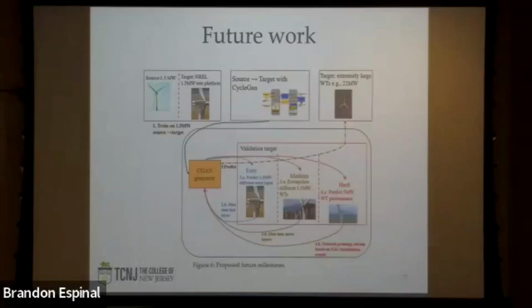And then the hardest one, which would be ideal, is can it also predict between simulation and reality of a 5 megawatt wind turbine? Basically, this question is asking whether the translations between simulation and reality are fundamental enough that the translations for a 1.5 megawatt simulated and real turbine are similar or the same as the translations for a 5 megawatt simulated and real wind turbine.